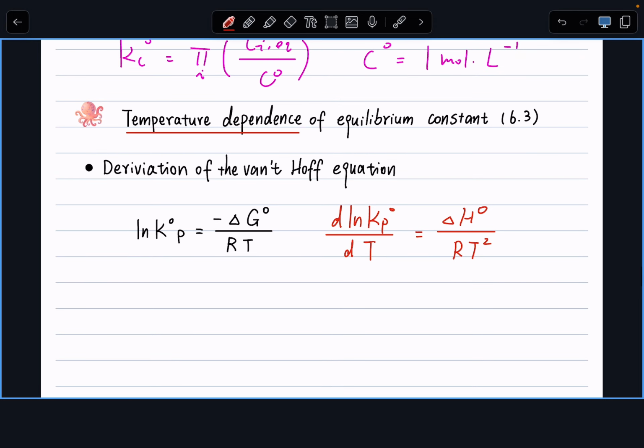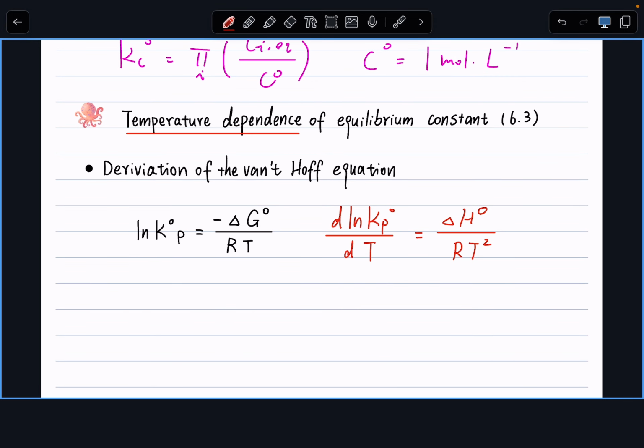And then what's the power? Why do we care about it? That tells us if we run the reaction at different temperatures several times, we will be able to establish a relationship between something we can measure. The equilibrium constant is something we can calculate as long as we know the composition of my material at a certain temperature.